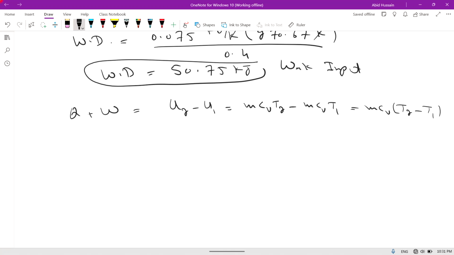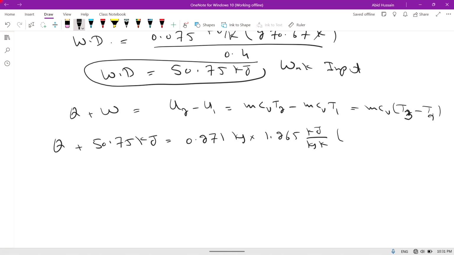Now putting values, so Q plus W, the value of W is 50.75 kilojoule is equal to, the value of mass is 0.271 kilogram. CV is equal to 1.265 kilojoule per kilogram per Kelvin, and this is T3 minus T2.